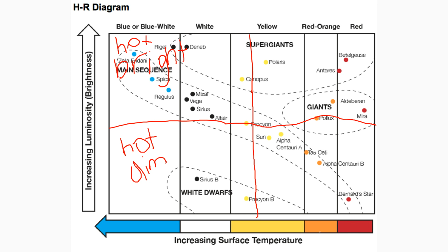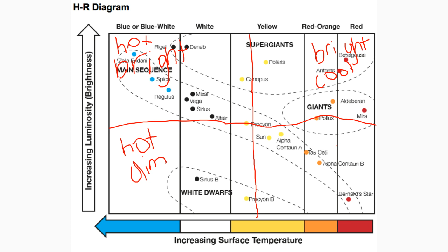They're cool because they're on this side of the arrow for temperature. So these are going to be bright because they're at the top. And they're also going to be cool because they're on the right-hand side.